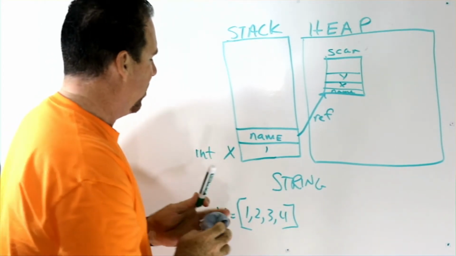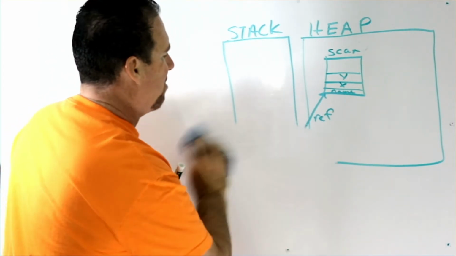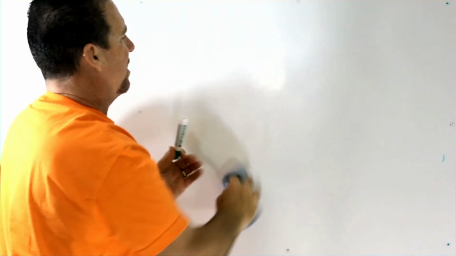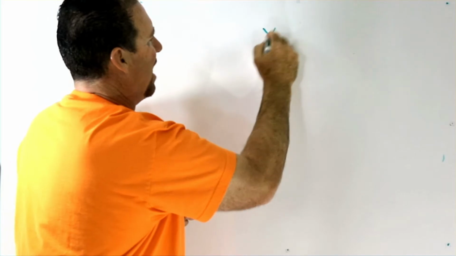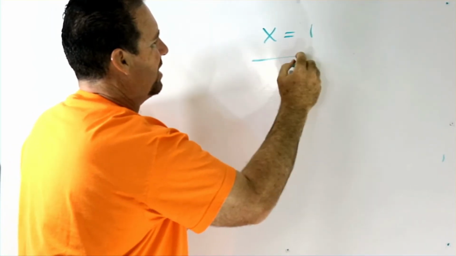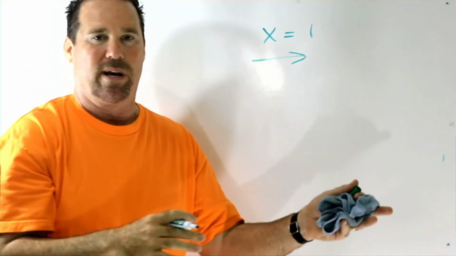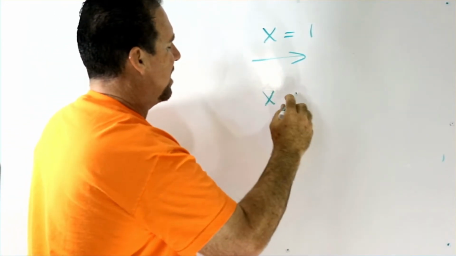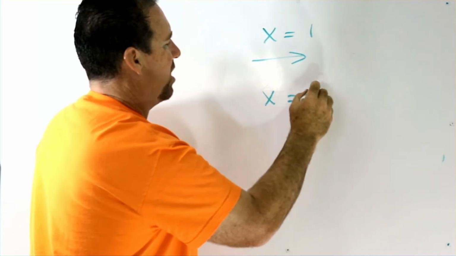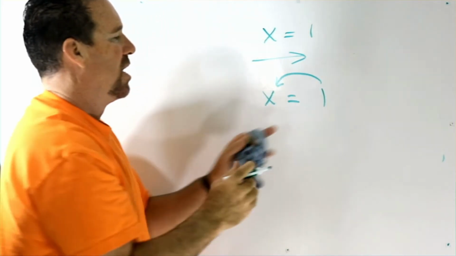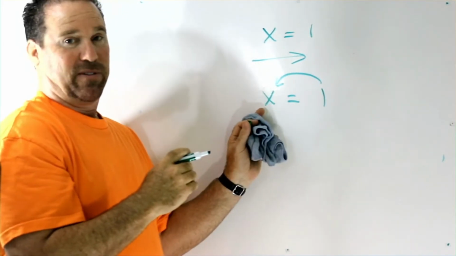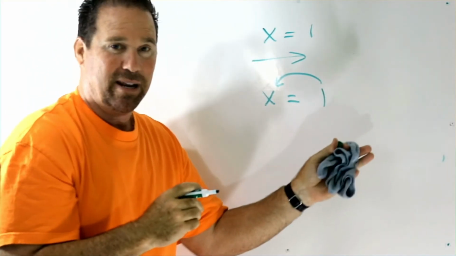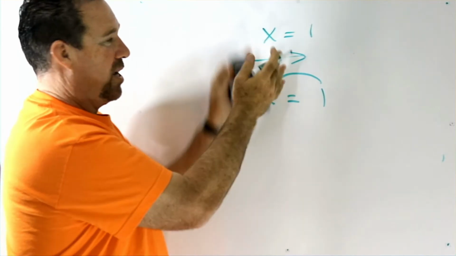I also want you guys to strongly remember that in your math class, I feel like the teacher always thinks it's going that way, X equals 1. But in computer science, I want you to think about it like this. X equals 1, 1 is going into X, so it's right to left. You see how it's right to left, and then in math it's more left to right. Okay, this is where it gets scrambled.